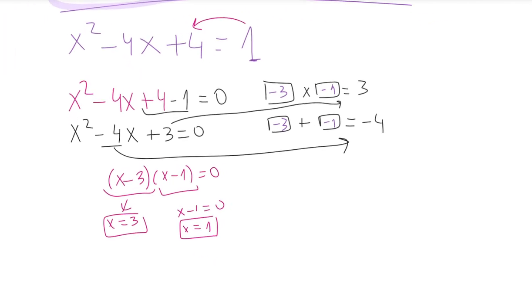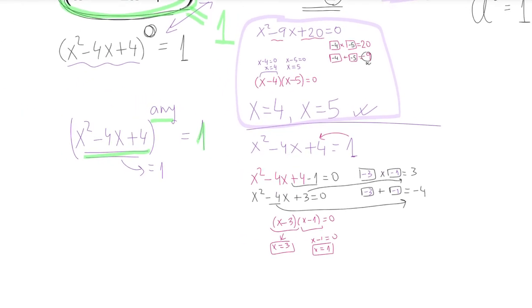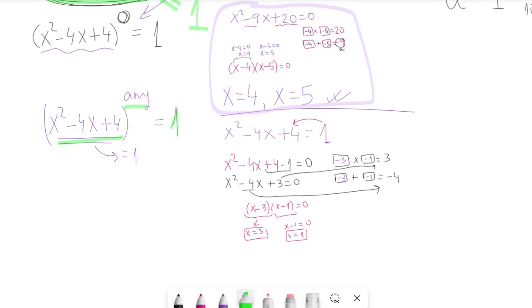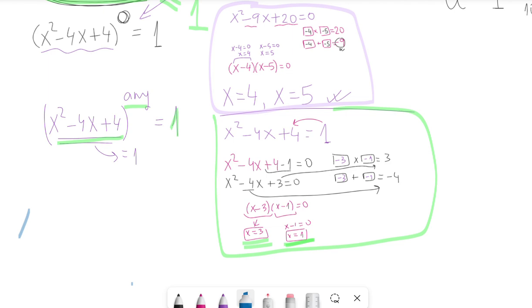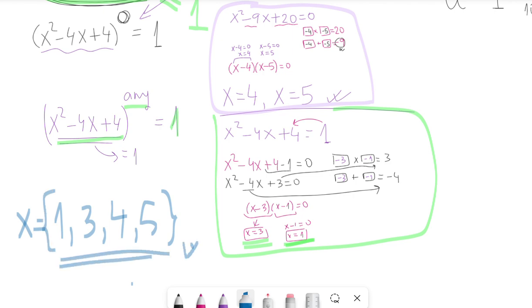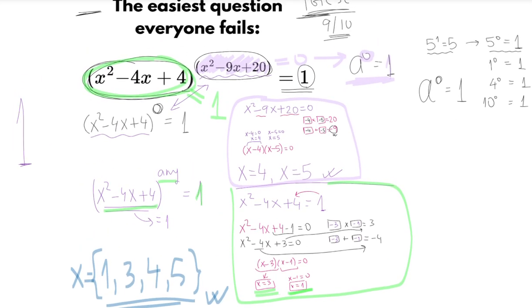So from this quadratic equation, we have two more solutions: x is equal to 3 and x is equal to 1. Altogether, our final answer is x is equal to 1, 3, 4, and 5. These four values are the solutions of this equation.